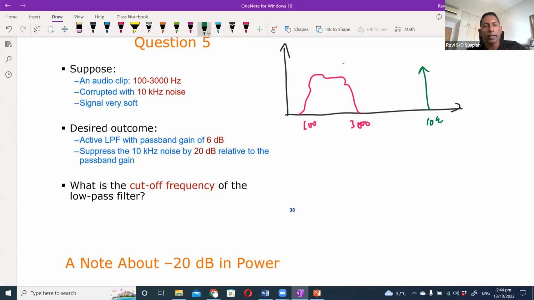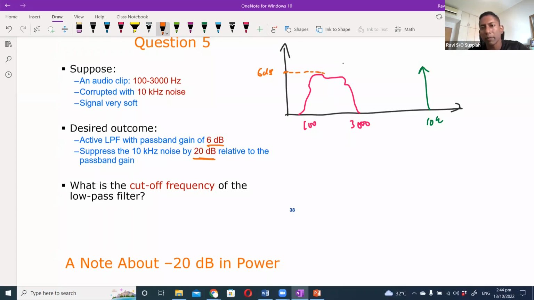What we want is the gain in the pass band to be 6 dB. So here should be 6 dB, and the noise should be suppressed by 20 dB relative to the pass band.